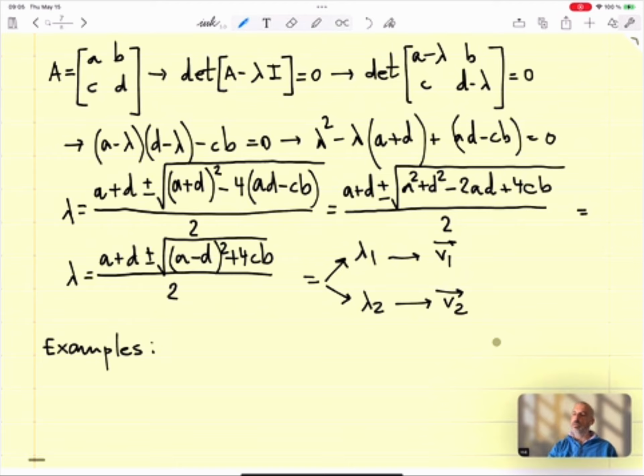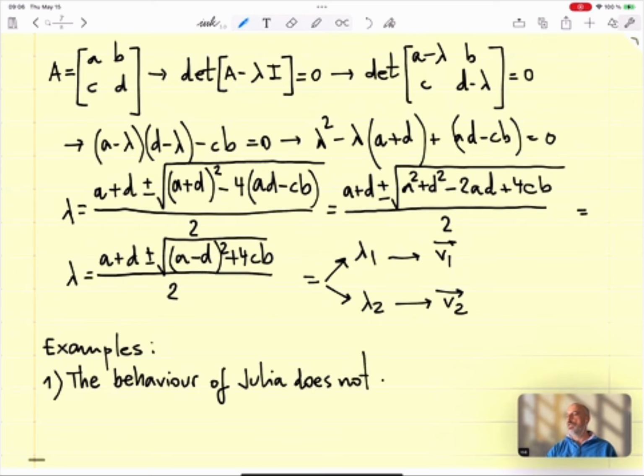So, example number 1. The behavior of Julia does not influence Romeo.